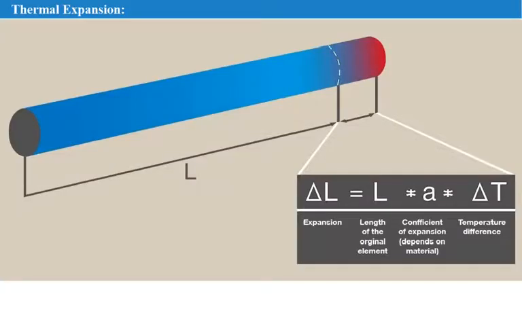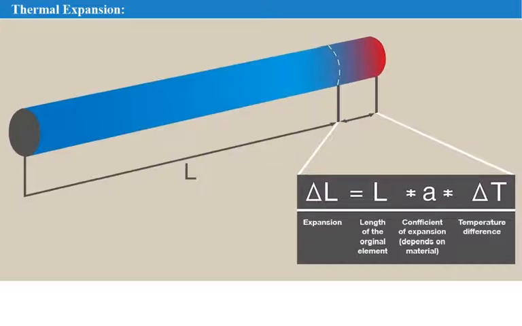Thermal expansion. So thermal expansion is when the substance increases its length or volume or area based on the change of the temperature. So here in this picture, you see how the bar got heated and its length has a delta L change, and you can calculate this delta L by multiplying the initial length of the bar times its coefficient of linear expansion, and for every material it is different.